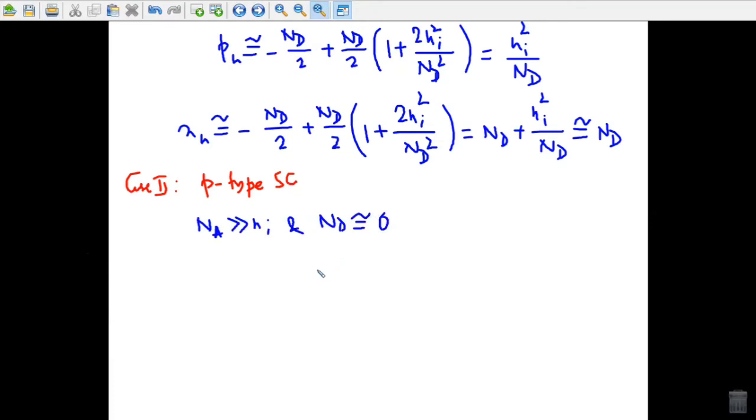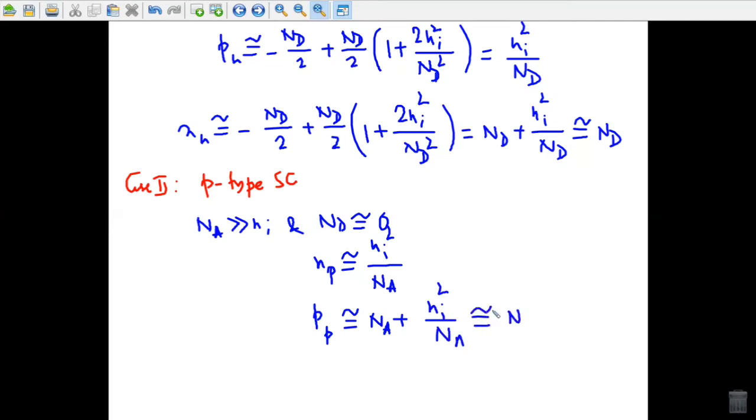Then the charge densities can be found as Np nearly equal to Ni square divided by Na, and Pp nearly equal to Na plus Ni square divided by Na, that is, nearly equal to Na.